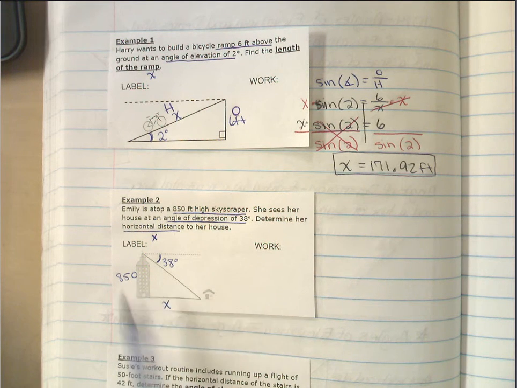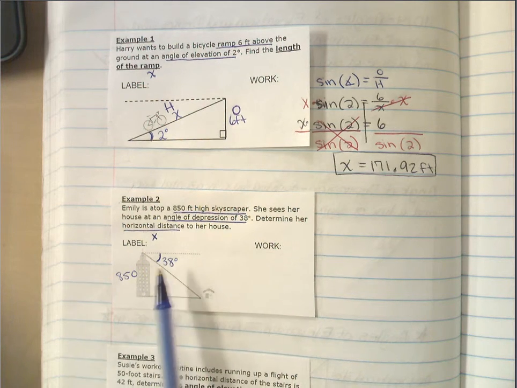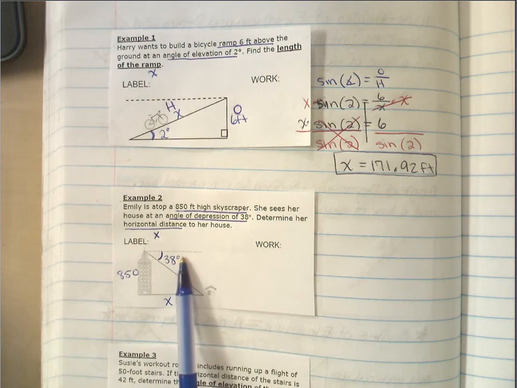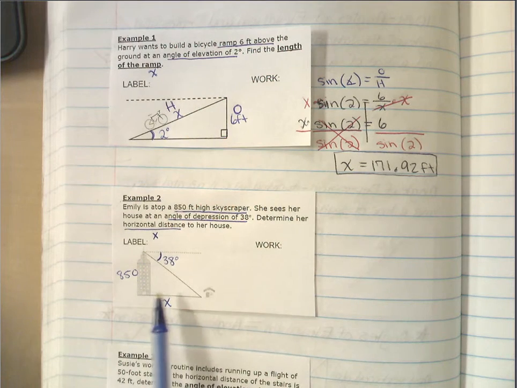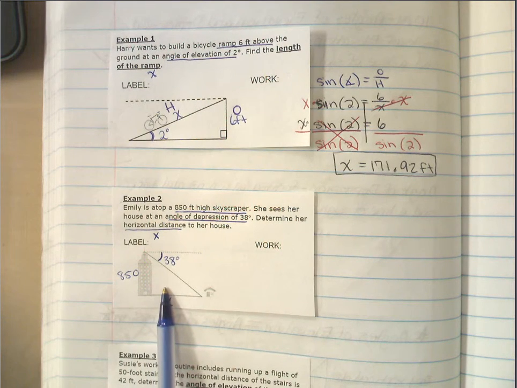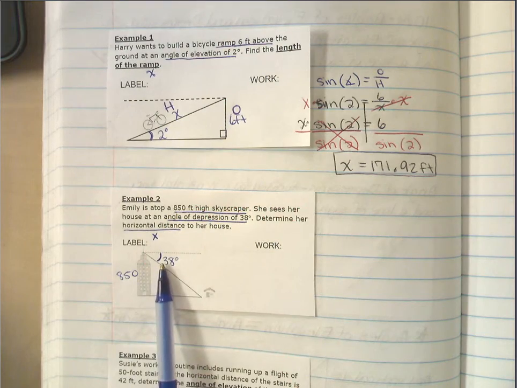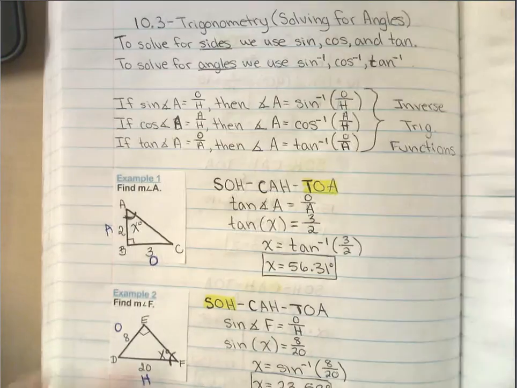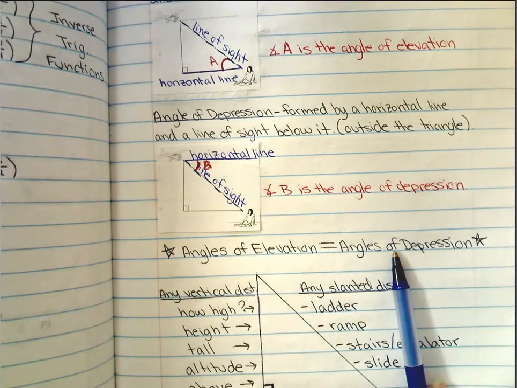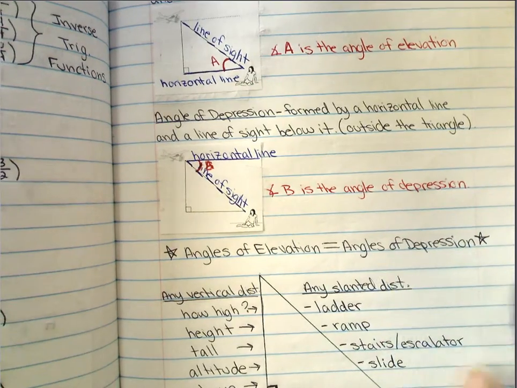I cannot use sine, tangent, or cosine if I have an angle that's outside of my triangle. I can only use it if the angle is inside of my triangle, interior. So I cannot use that 38. But if you remember, I mentioned that angles of elevation are equal to angles of depression because they're alternate interior.